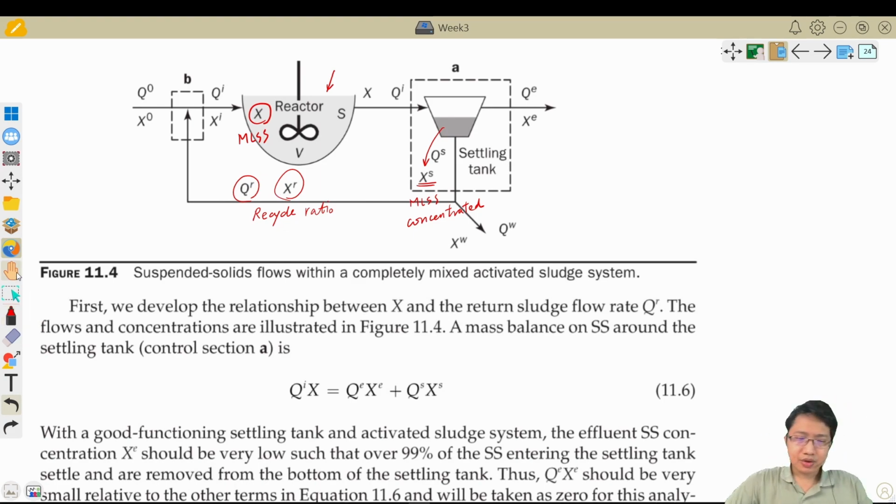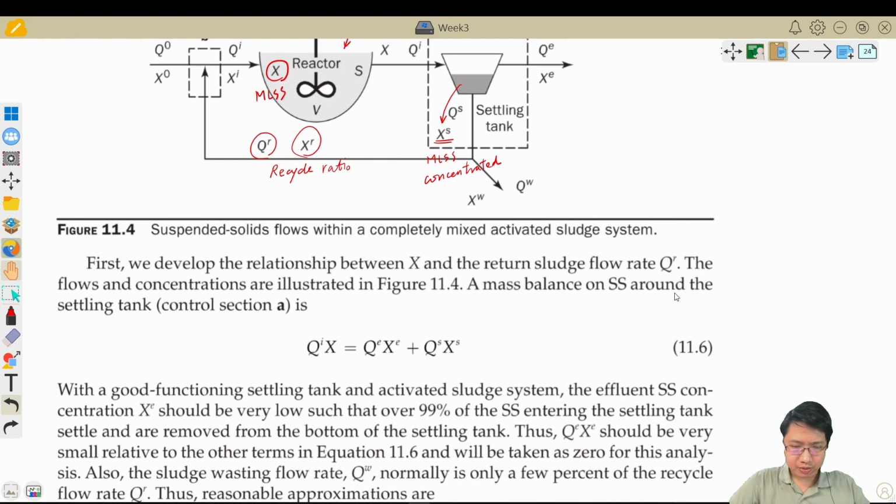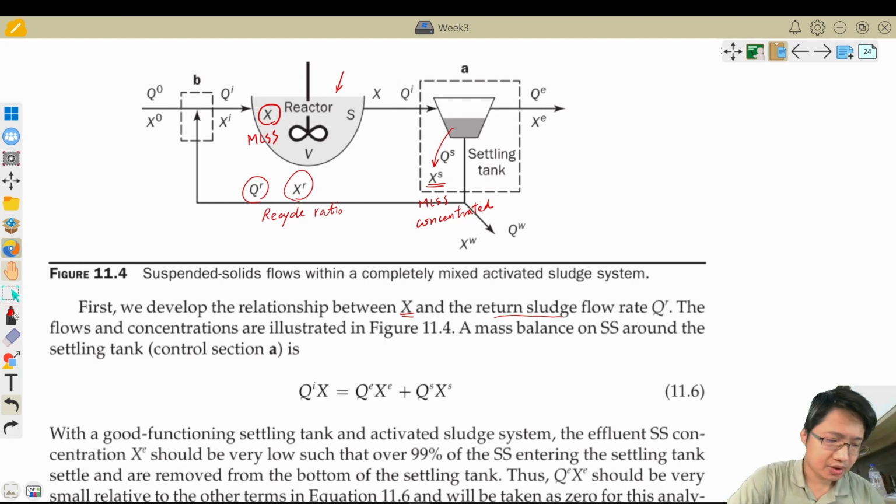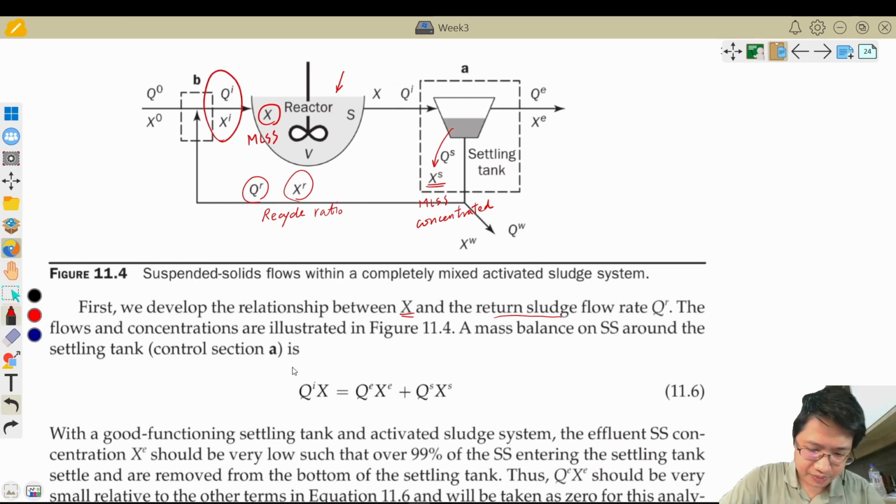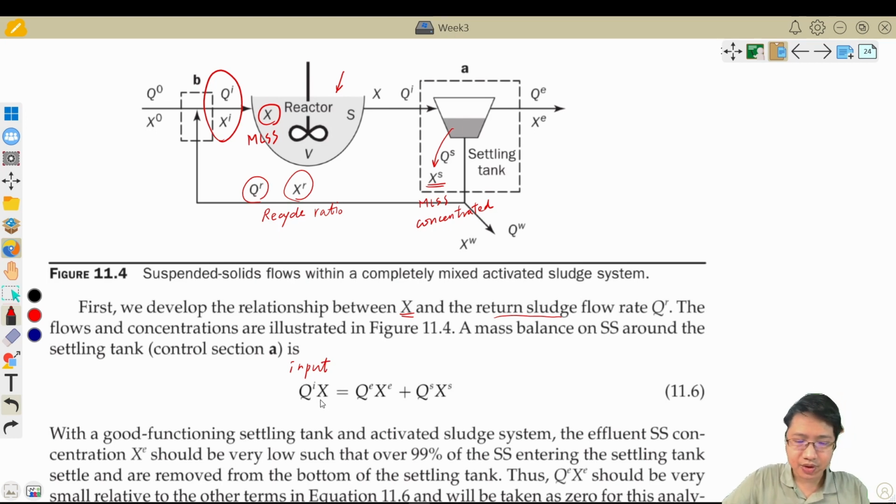So we know the relationship between the biomass in your reactors and the returned sludge flow rate is shown in equation 11.6. Here is your input, which means the Q in the influent times your X concentration.